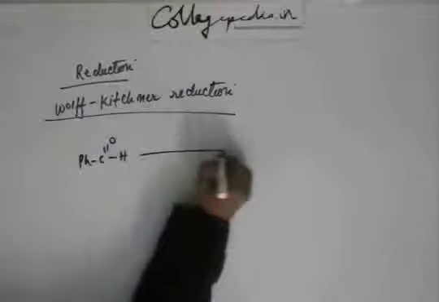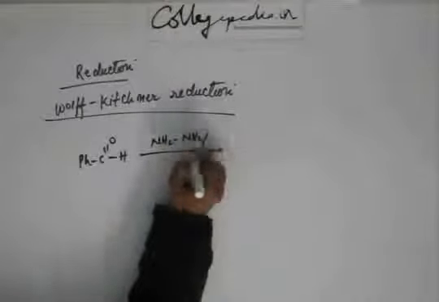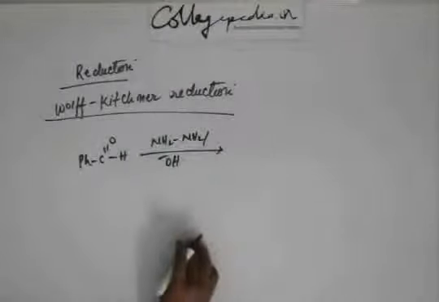Now what happens in this is, let's start with benzaldehyde. You take benzaldehyde, you take hydrazine, NH2NH2, and you take a base along with this. When you take this, then this oxygen is removed and two hydrogens are added. So this turns into toluene. Let's see how this happens.